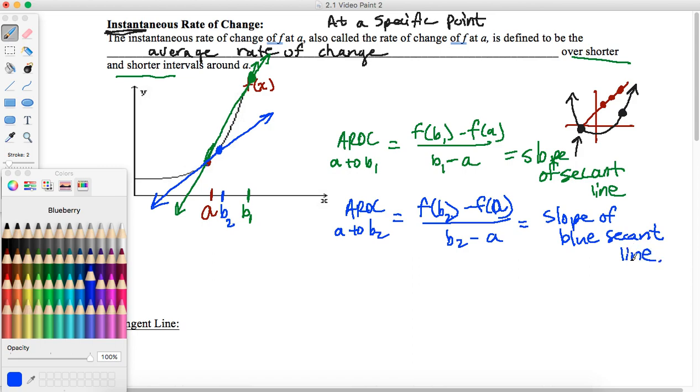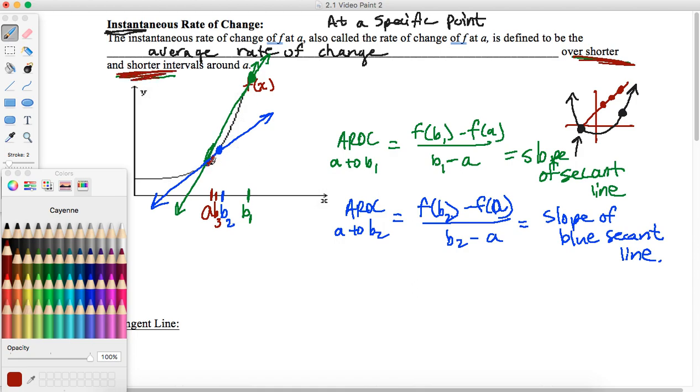Okay? And then I can pick another B. Let's say, well, I'm running out of colors here. Let's say I used this color right here. Let's say I picked B3. This is getting tight, which is very, very close. All right, so now I'm doing an even shorter interval around A, right?